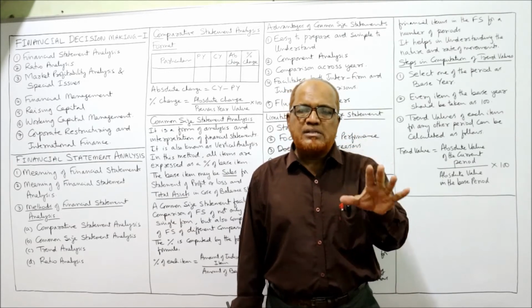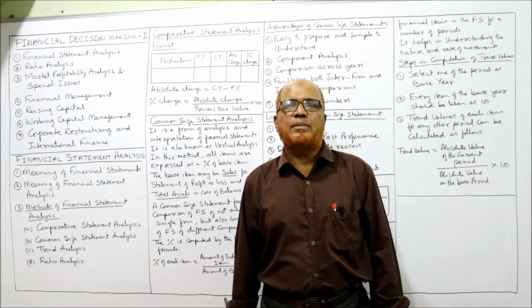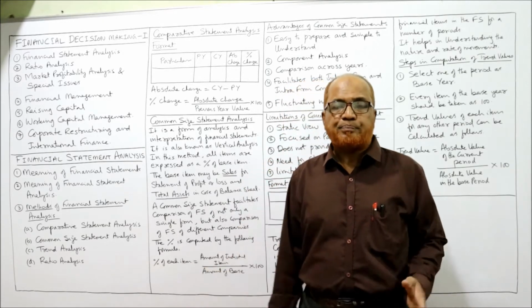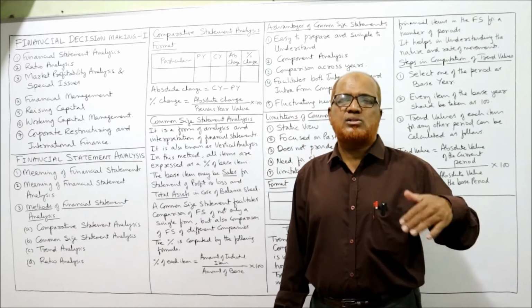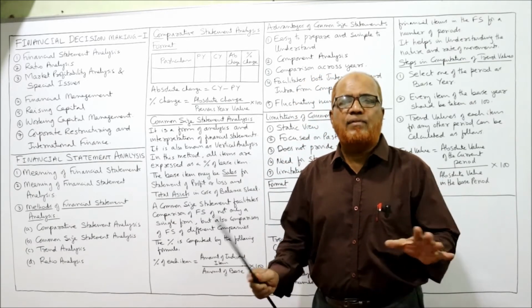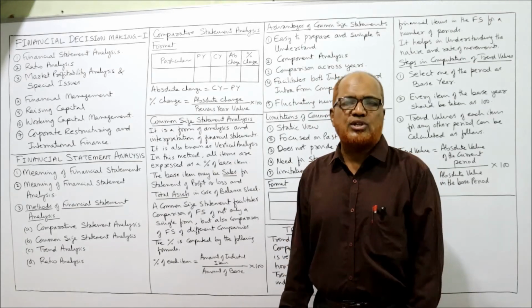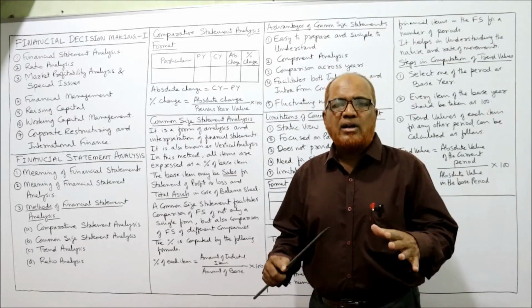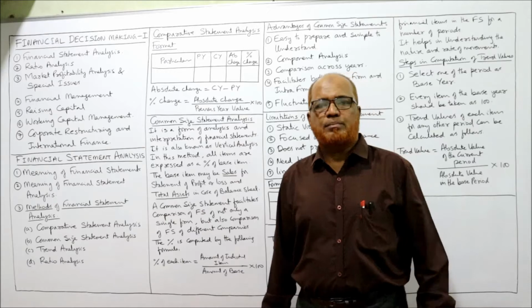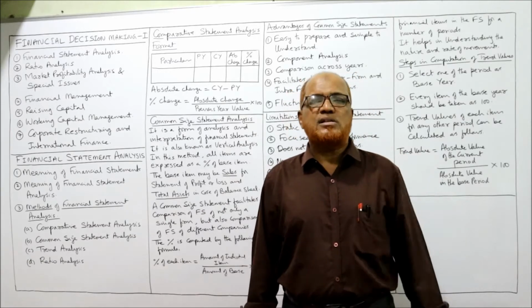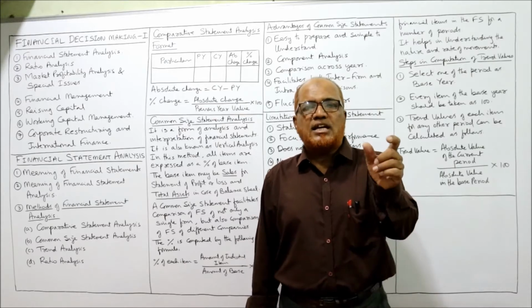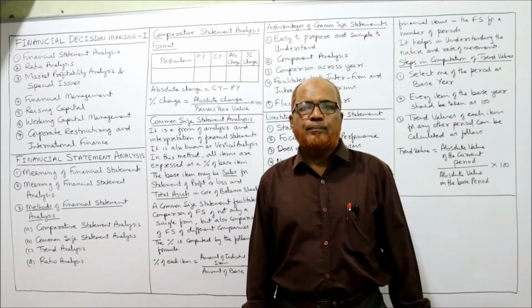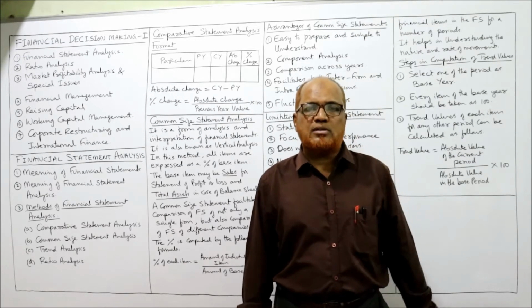Every business, whether it's a sole trading business or a partnership business or a joint stock company, will make these financial statements. But apart from these two traditional financial statements, some new financial statements are being prepared, particularly by joint stock companies: statement of shareholders' equity and cash flow statement.